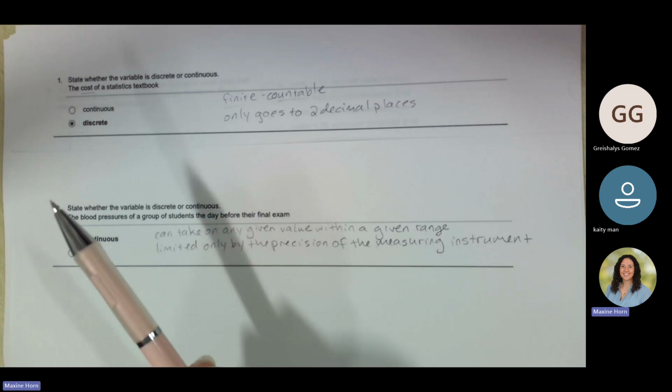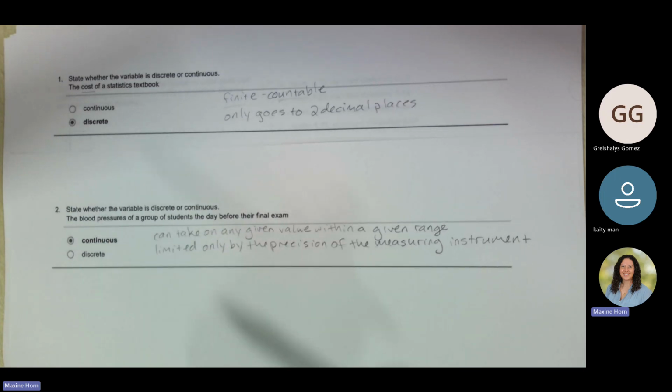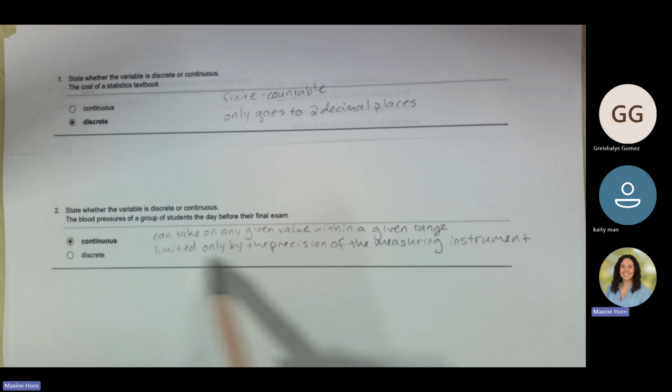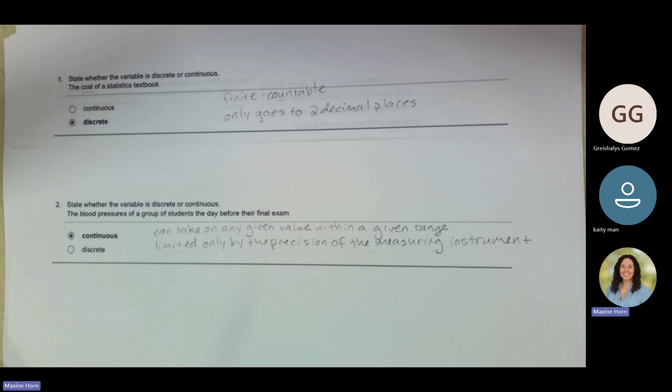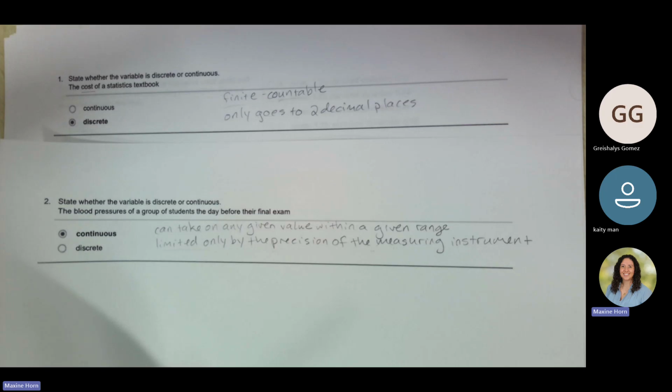So it's just a range of values there. But you might have an electronic one that displays a particular number, however many decimals it can go out to. That is the limit. It's limited only by how precise that measuring instrument can be. Okay. All right, hopefully those make sense. I feel like they gave some good examples of how to tell the difference with those.